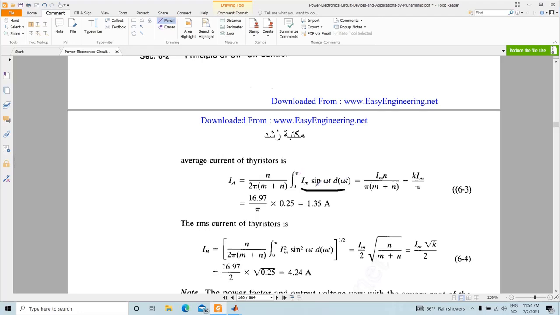After simplifications and replacing the values, you will get the actual current values.